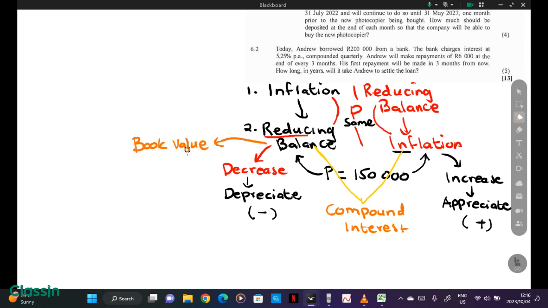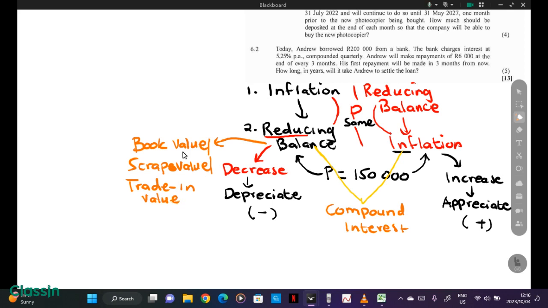Again, the term book value. Or scrap value, sorry, not scrape, scrap value. And if they don't use the term scrap value, they will use trade-in.